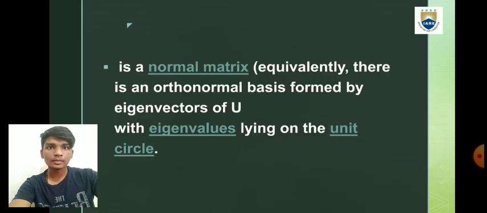This is the formula. U is a normal matrix. Equivalently, there is an orthonormal basis formed by eigenvectors of U with eigenvalues lying on the unit circle.